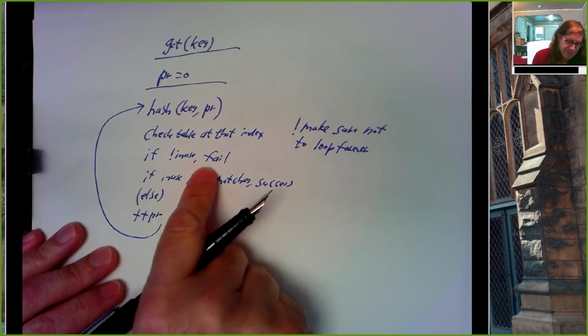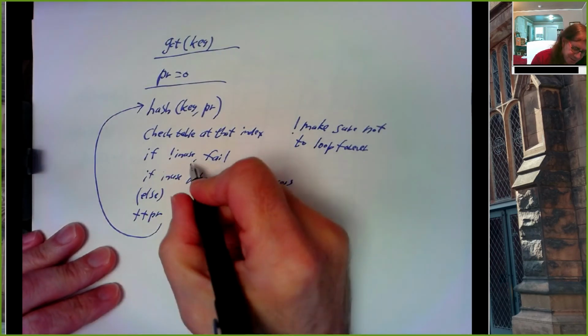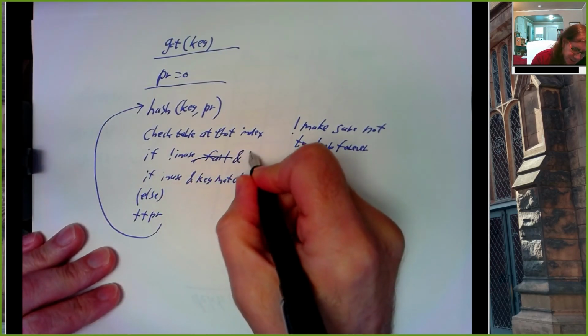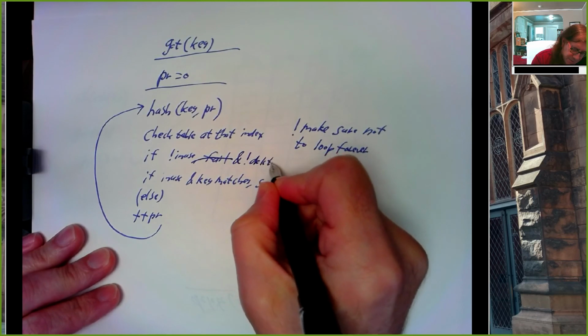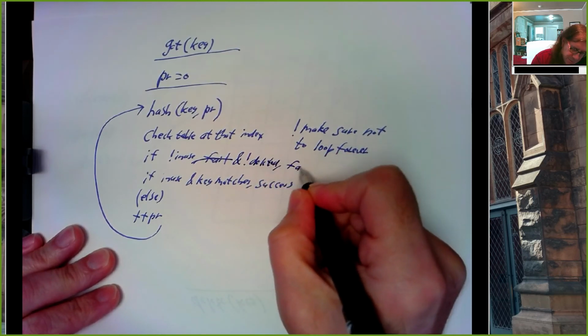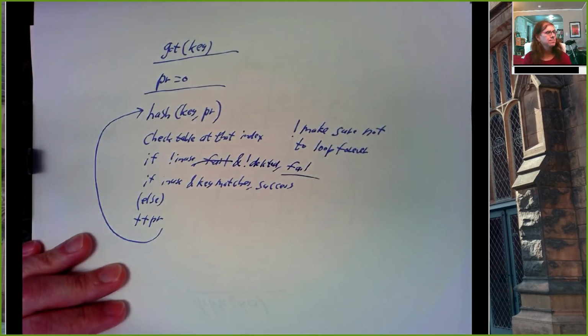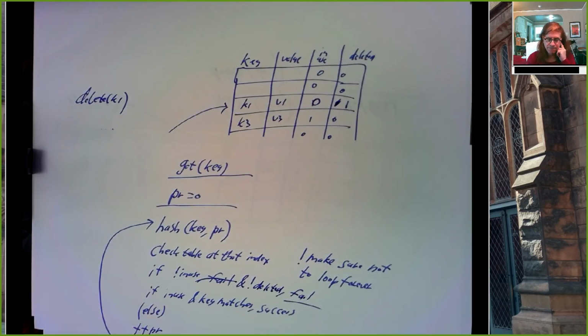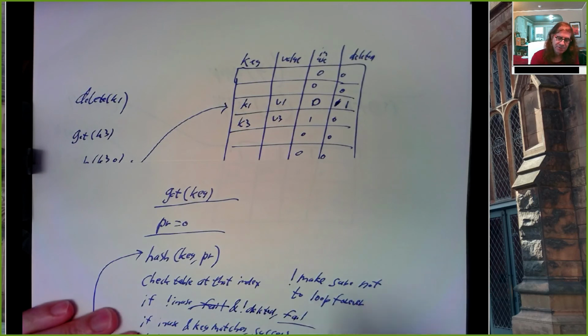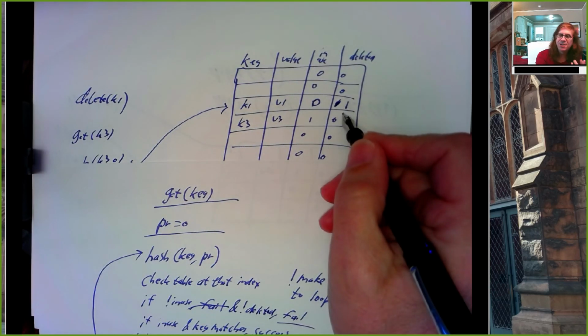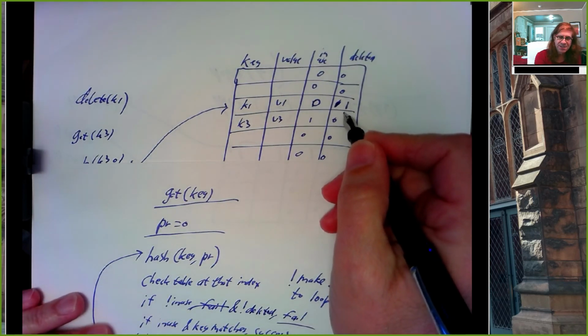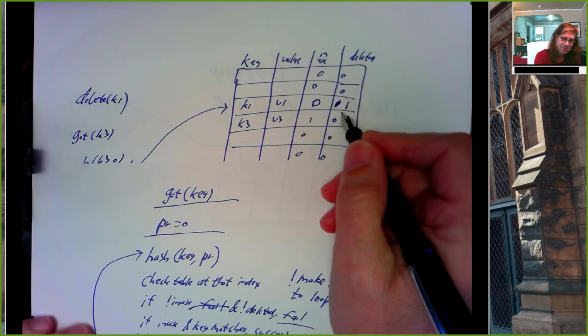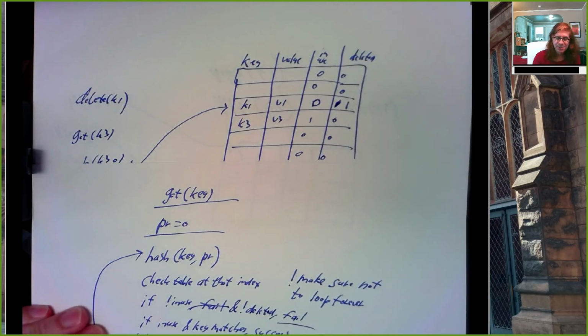Okay, instead of saying if it's not in use, we're going to fail, we're going to say if not in use and not deleted, then fail. So if this was a 0, that would mean nothing had ever been stored here, in which case we would not have gotten a collision trying to store K3. We can say K3 is not in the table.